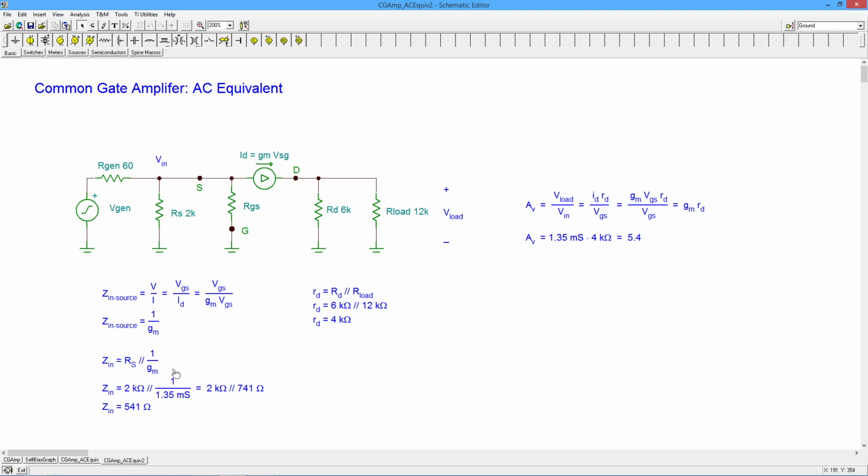They are similar in terms of they describe what's going on with an input parameter versus the output current, the ID in this case. So that's what we see, a mere 541 ohms. We have a 60 ohm generator, so we're going to lose a little signal there, but not a tremendous amount, all right? Okay, so let's go back to our original circuit.